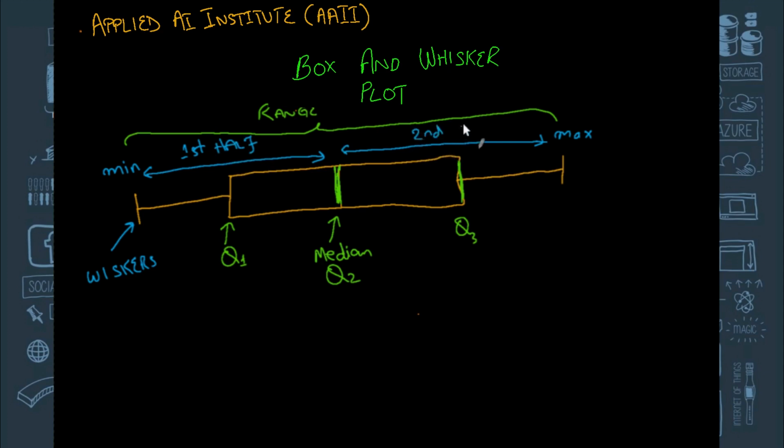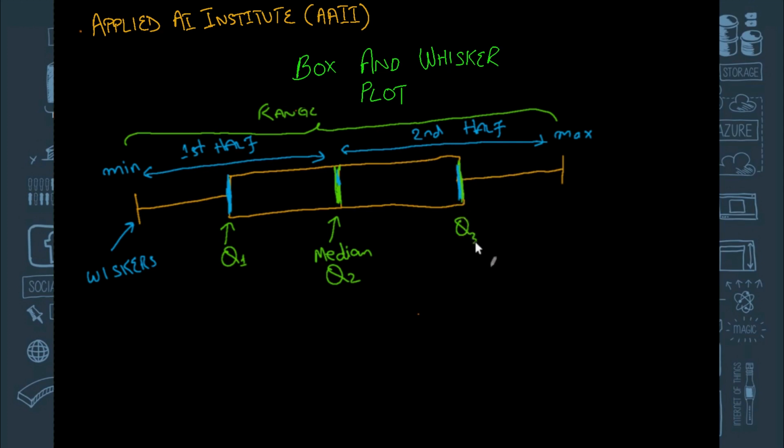If we take the first half and calculate its median, we get Q1. The median of the second half gives us Q3.